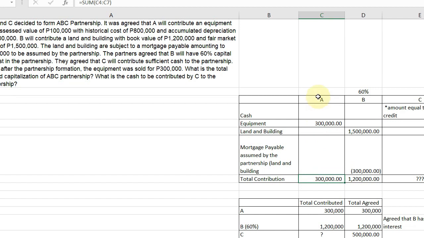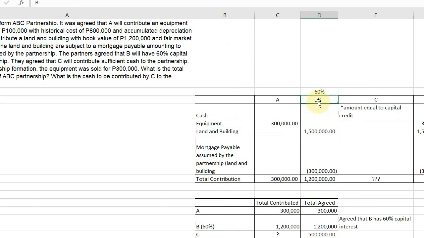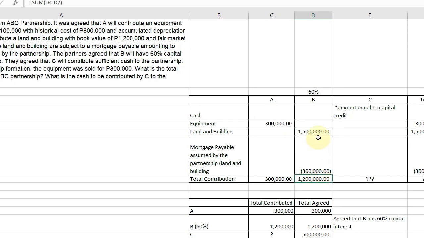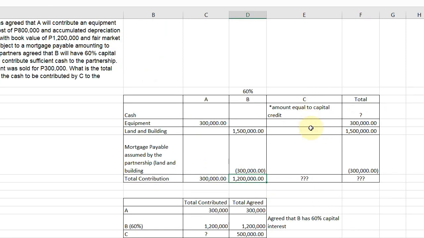B, meron daw siyang interest. Agreed, 60%. B, nag-contribution ng land and building na 1.5, pero may mortgage na kasama assumed by the partnership, 1.2 na lang. Si C, sabi, pare, pwedeng pa-compute muna natin sa accountant kung magkano ang ating total partnership capital interest para malaman ko kung magkano pera.